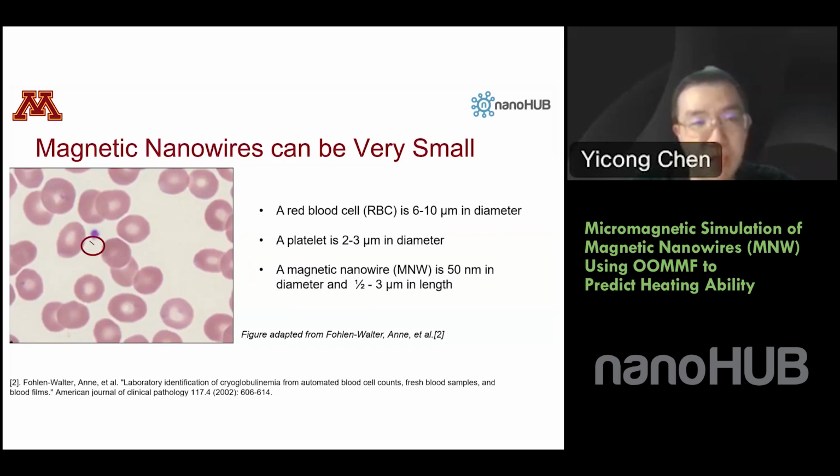The longest dimension of the nanowire, its length, can be as long as the size of a platelet. This means these particles can be easily injected into the organ and easily flushed out after warming up the organ, causing little damage. The small size also enables them to disperse very uniformly if they are properly coated.